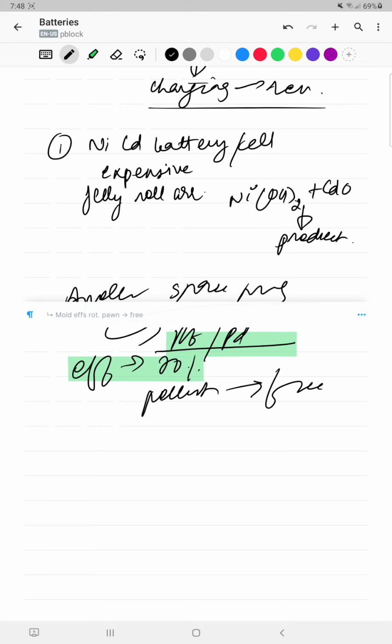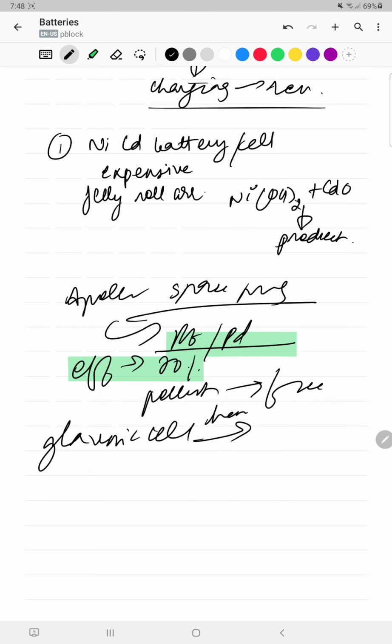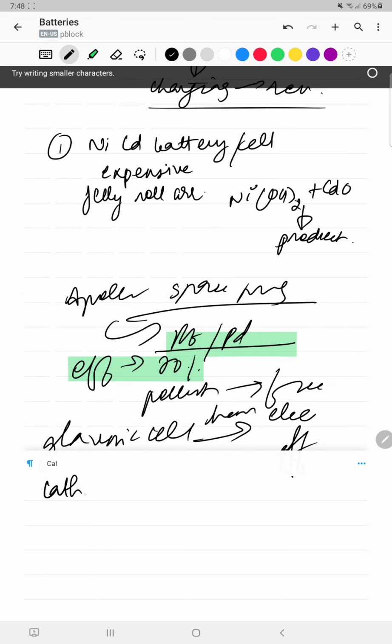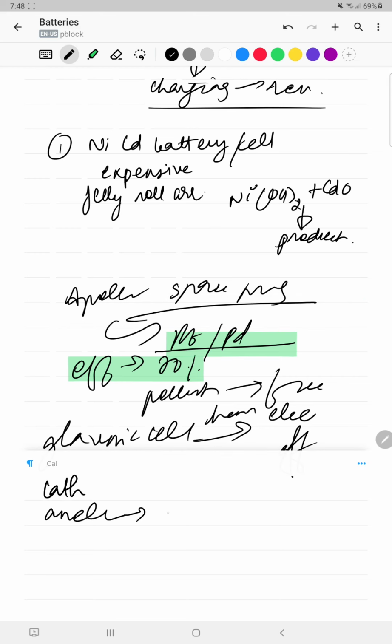And we all know that a galvanic cell converts chemical energy to electricity and is highly efficient. And what will be the reaction on cathode and anode? On anode, we all know that oxidation takes place, so H2 changes to H2O. 2x minus 2 is equal to 0, x is equal to plus 1.